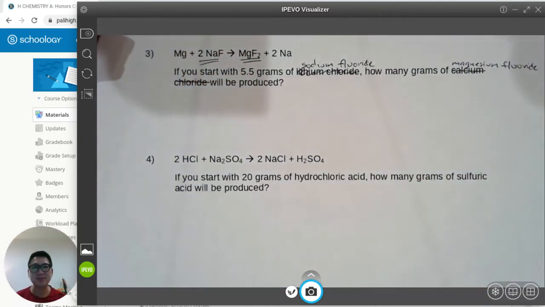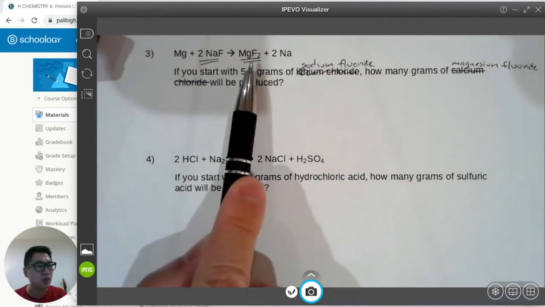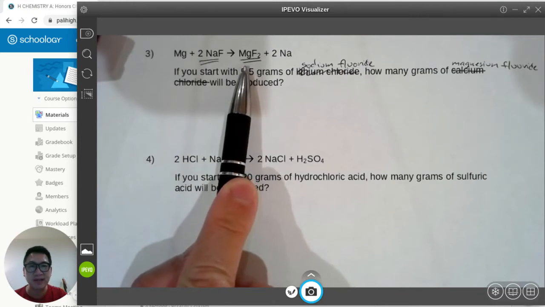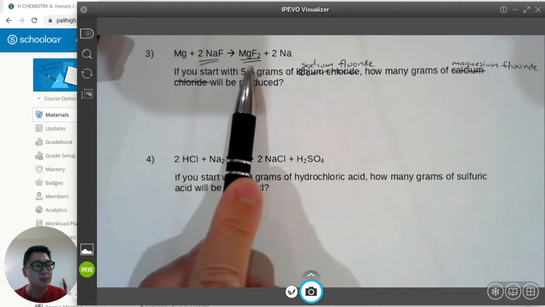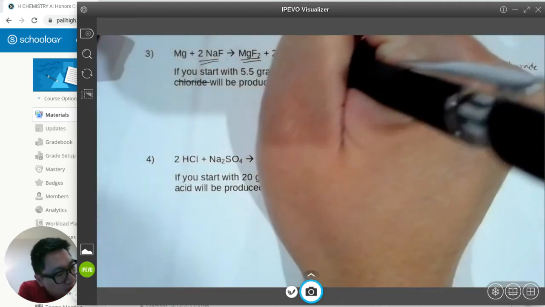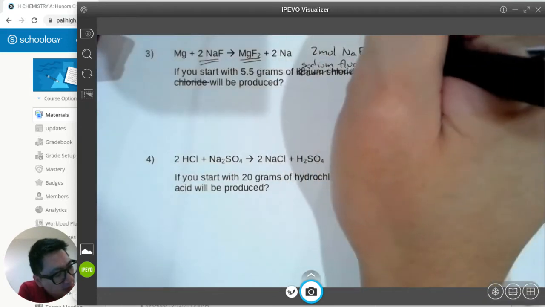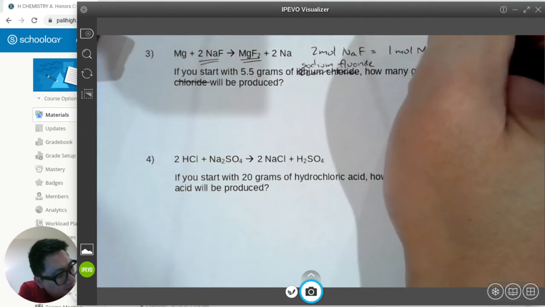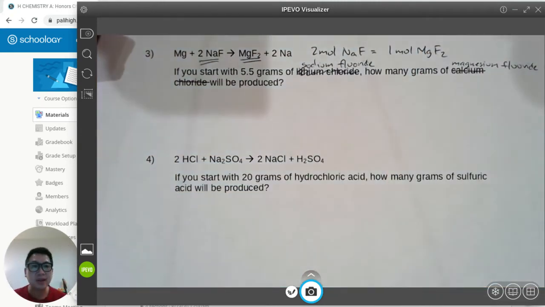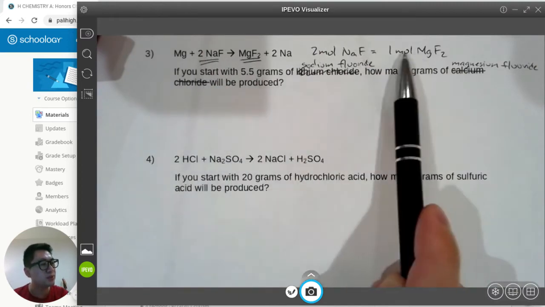will be produced? Okay, all I know from this balanced equation is 2 moles of sodium fluoride makes 1 mole of magnesium fluoride. Coefficient 2, 2 moles of sodium fluoride, NaF, makes 1 mole of magnesium fluoride, MgF2. Again, coefficient 2, coefficient 1.